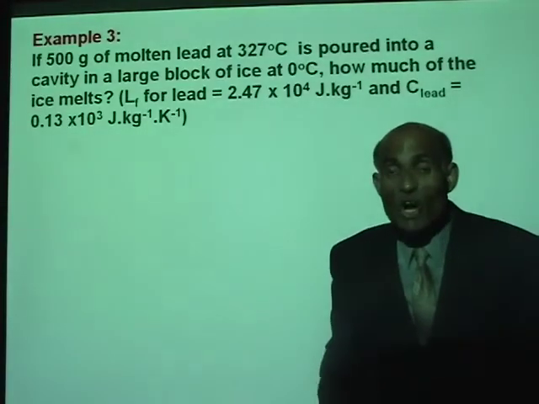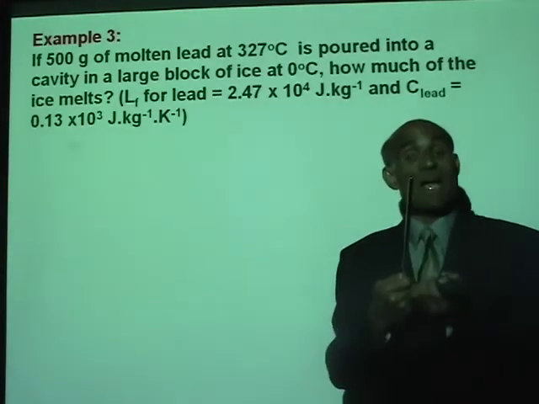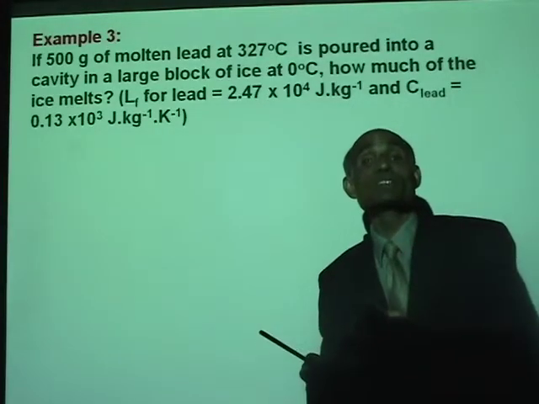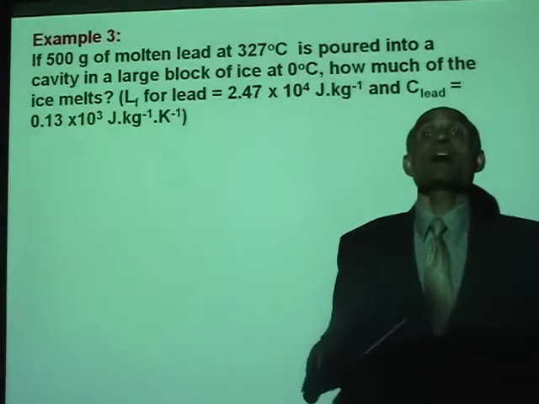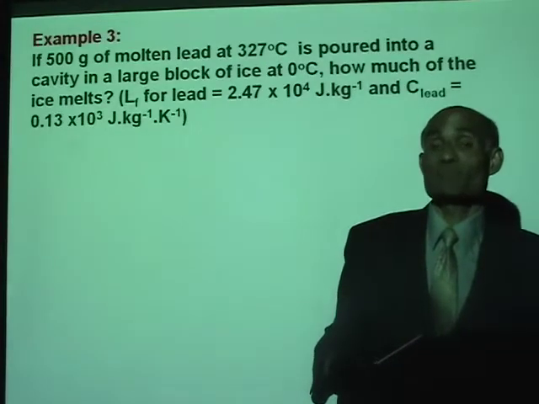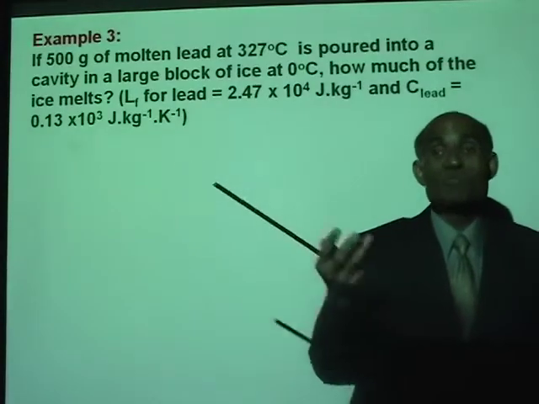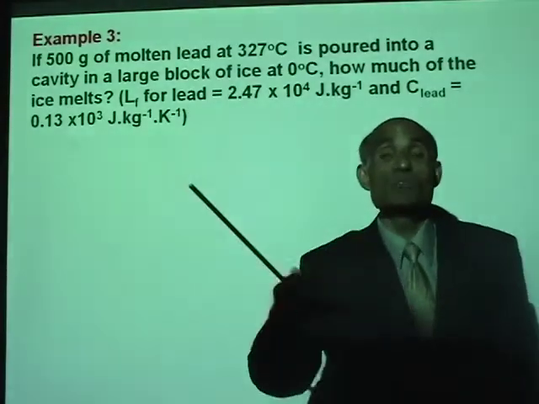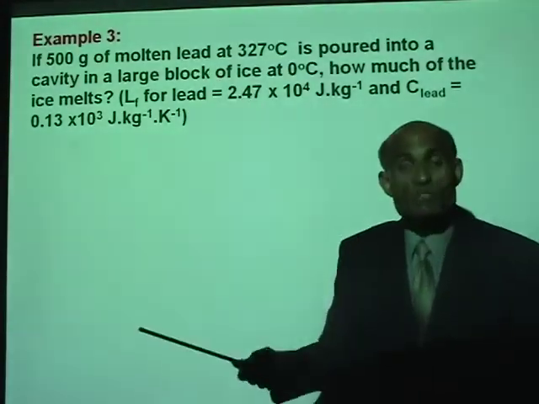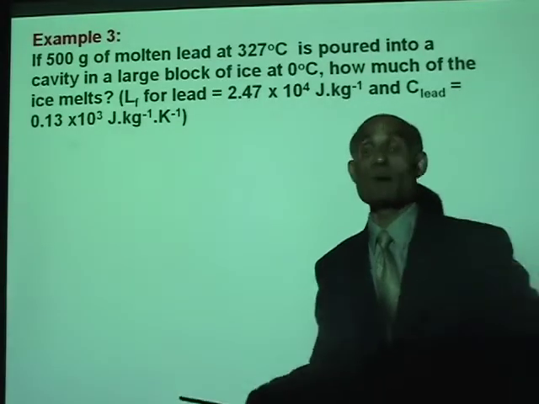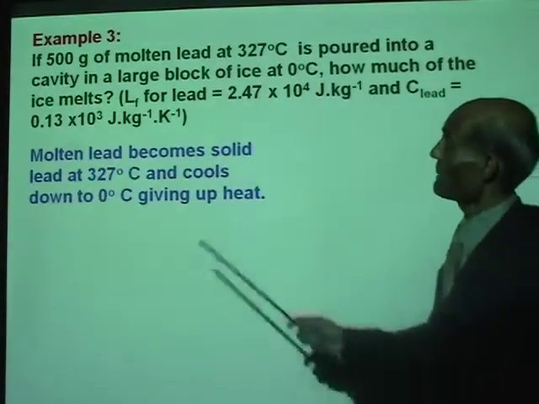All that heat lost is being absorbed by ice at 0 degrees to become water at 0 degrees. So there is receiving and giving. We would say the total heat given out by lead is equal to the total heat absorbed by ice.